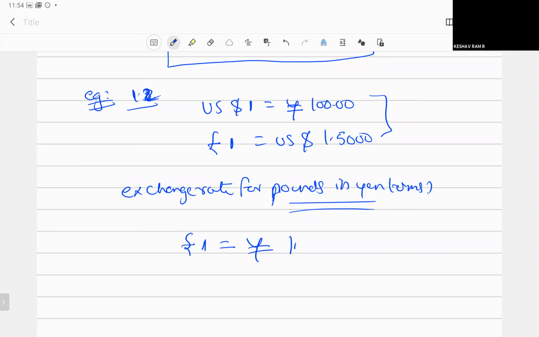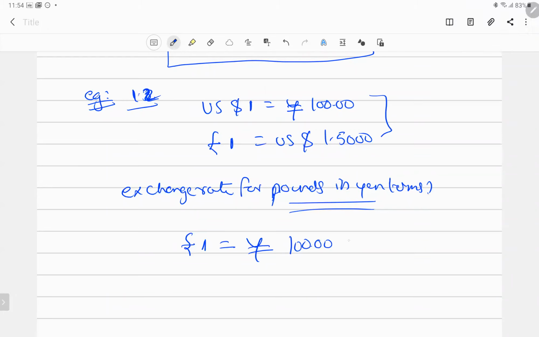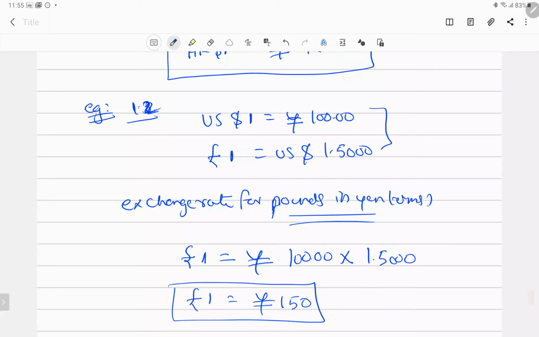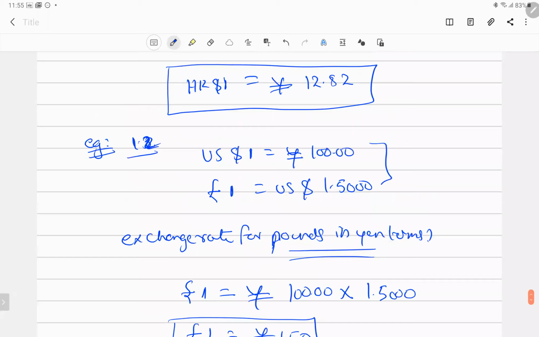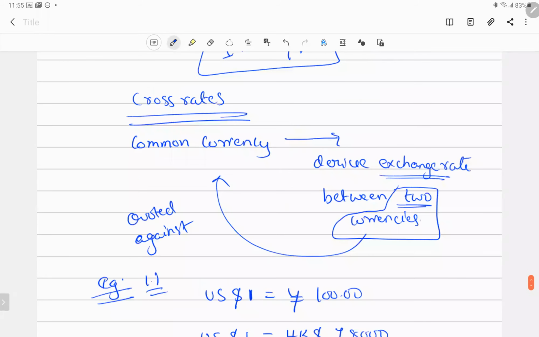So 100 into 1.5000, you'll get 1 pound equal to 150 yen. This is the simple example of cross rates.